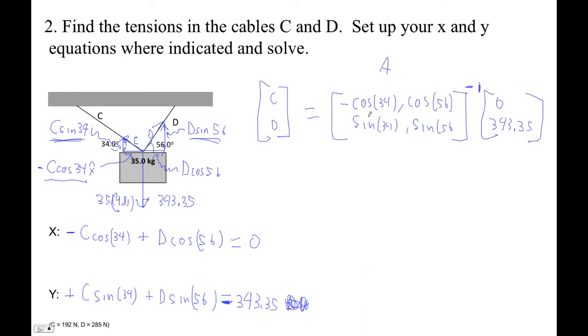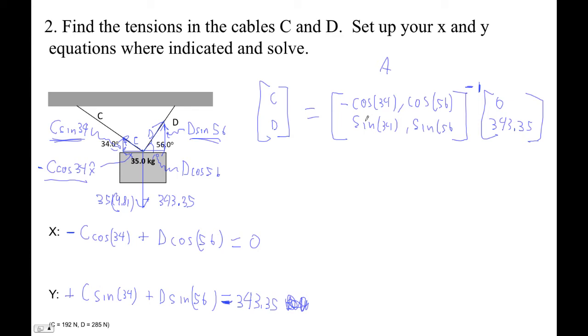I'm going to type negative cos 34 for the first element and cos 56. Then the elements to the right: sine 34, sine 56. I'm just typing these in.